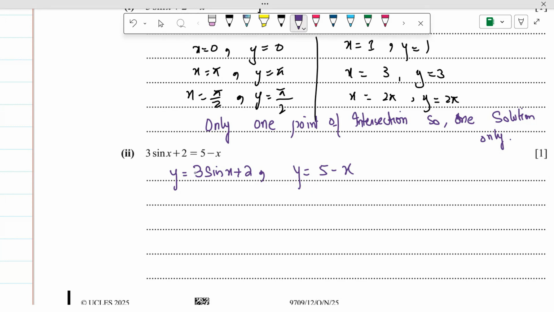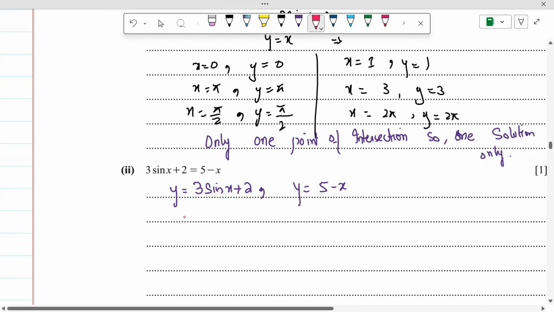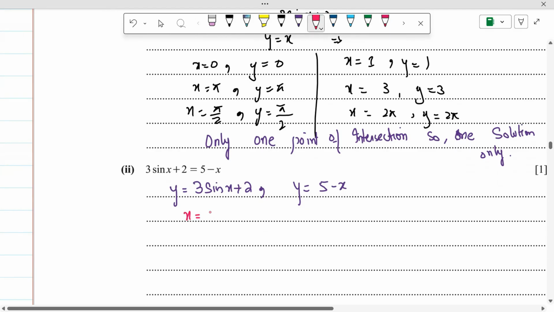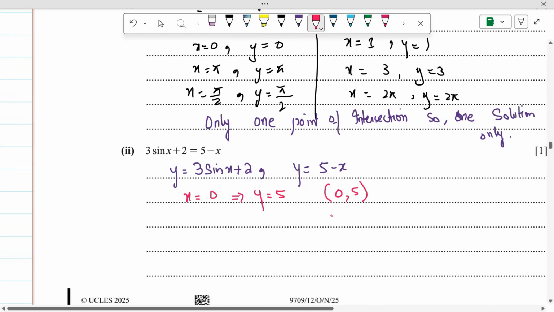We already plotted y equal to 3 sine of x plus 2 in part A. Now we will plot y equal to 5 minus x. First we consider when x is equal to 0, y is equal to 5. So the point is 0 comma 5.